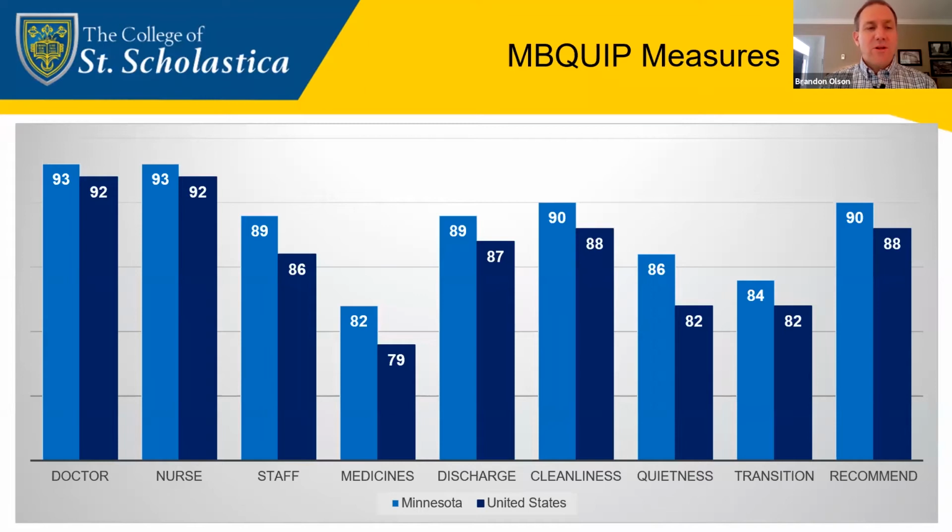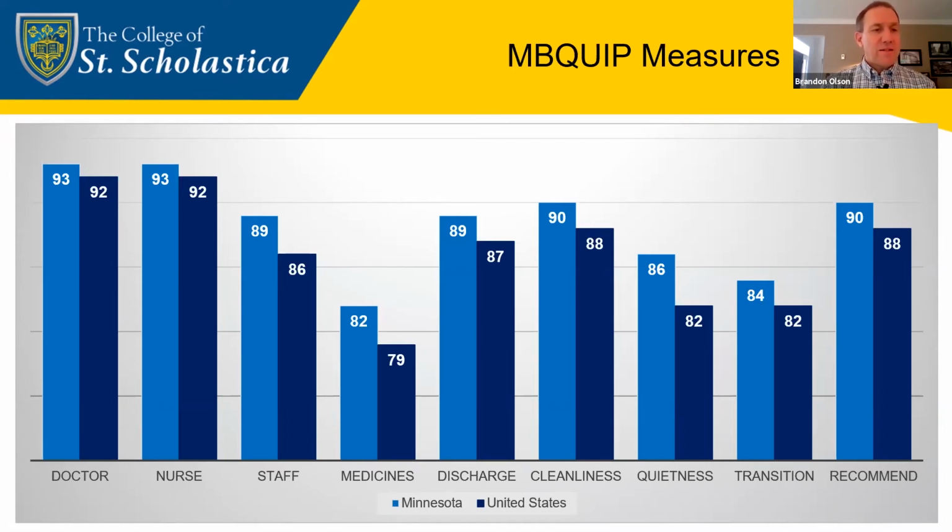All right, so some other quality measures, and these are going to be based off of the HCAHPS survey. These are surveys by patients with their levels of satisfaction with their experience in the healthcare field, with the healthcare professionals.